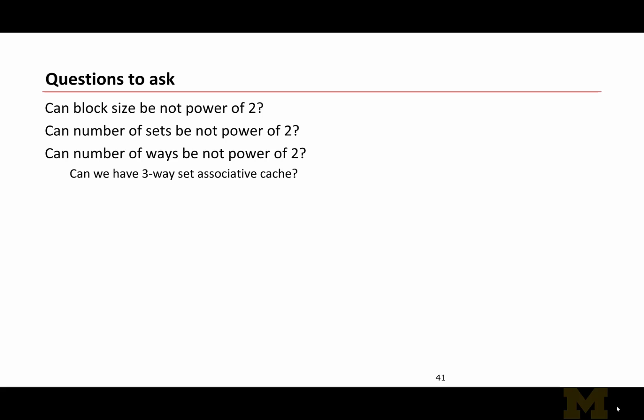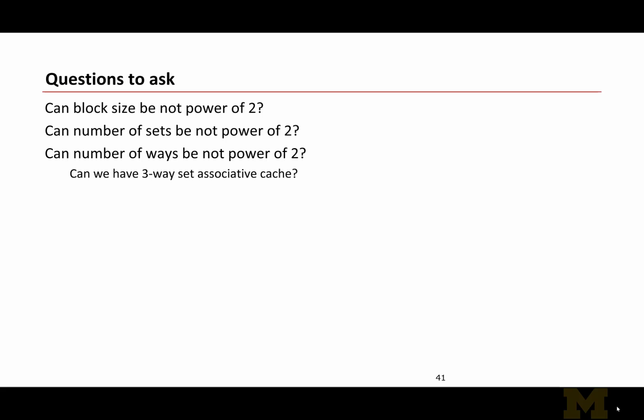Now, the next question is, can the number of ways in a set associative cache be not a power of 2? Though it's uncommon, it is not impossible to design a 3-way set associative cache or a 5-way set associative cache.